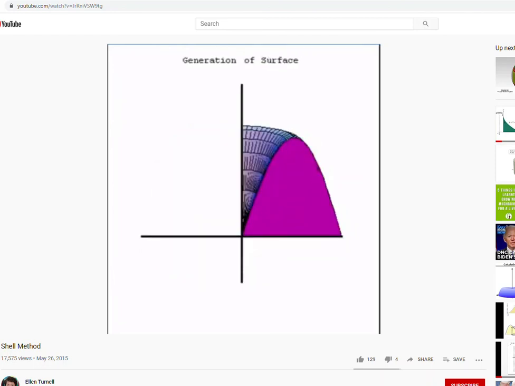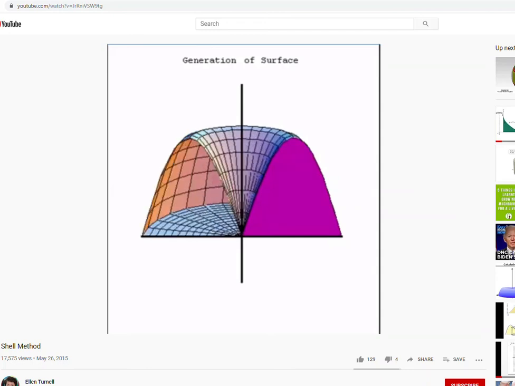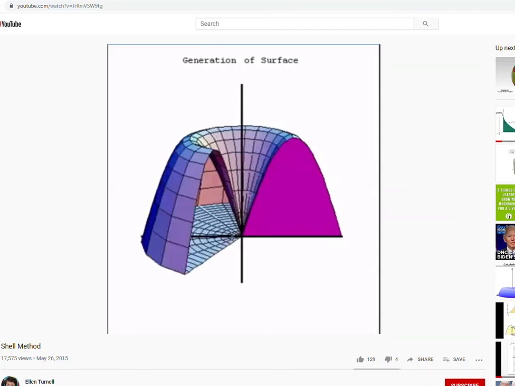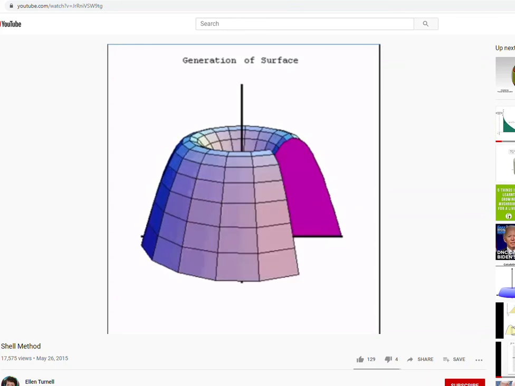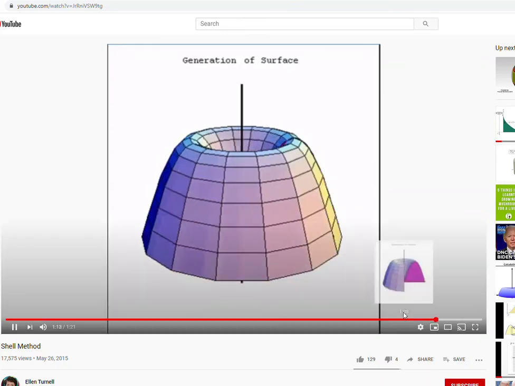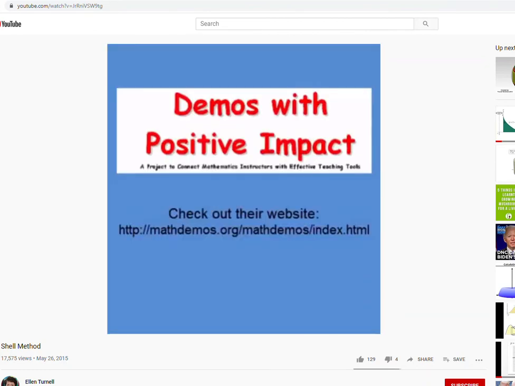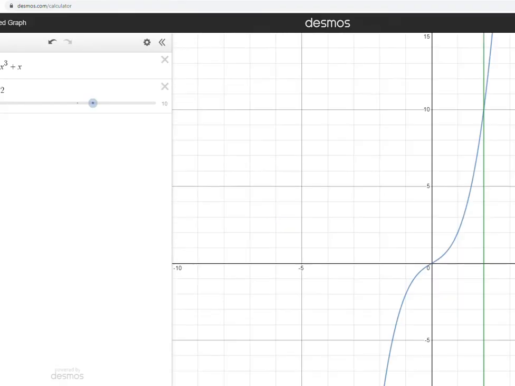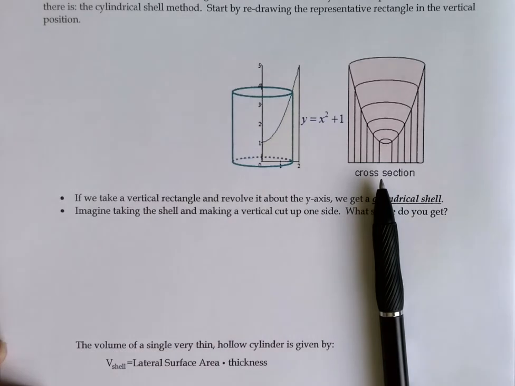Now, if you did lots and lots of tiny little shells where thickness goes down to infinitesimally small, you would get a nice smooth volume rotated around that y-axis. And there we go. So that is what we're going to try to work with, this shell method.